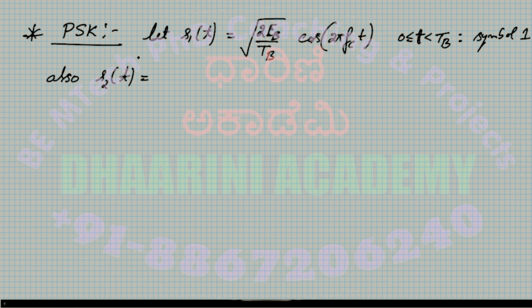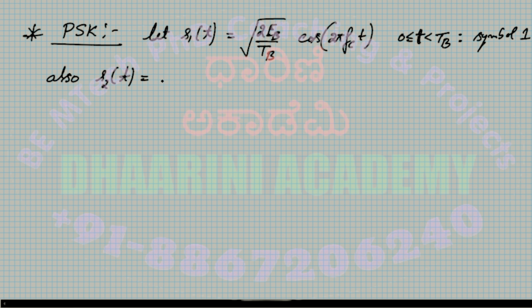When you have two symbols, 360 by 2. When you have four symbols, 360 by 4. Correct? So now it should be 180 or pi. So S2 of t will have the same amplitude, same frequency, but there is a change of phase that is represented by pi.